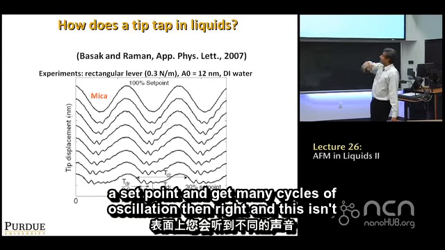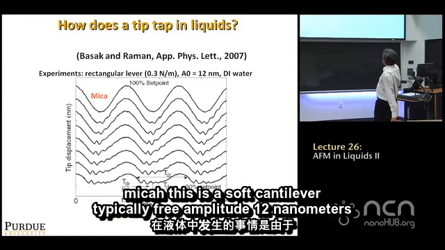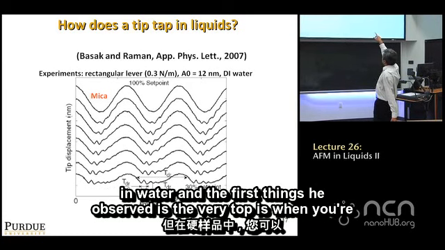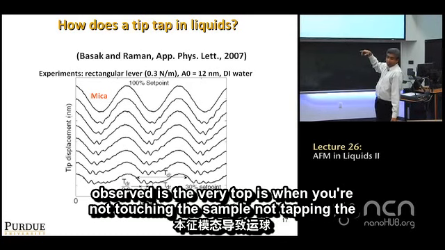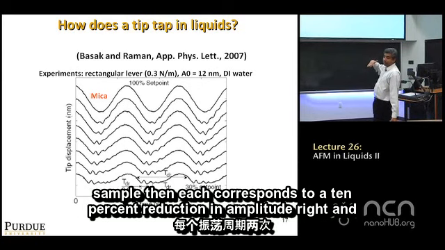And this isn't mica. This is a soft cantilever, typically with a free amplitude of 12 nanometers in water. One of the first things he observed is, the very top is when you're not touching the sample, not tapping the sample. Then each one corresponds to a 10% reduction in amplitude.